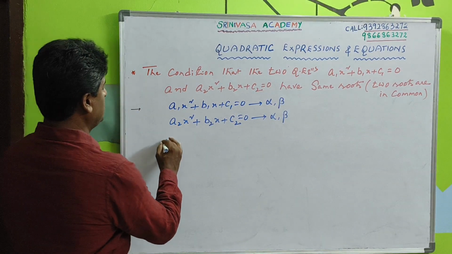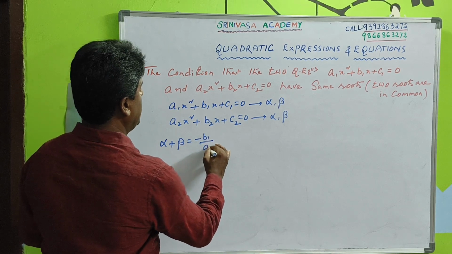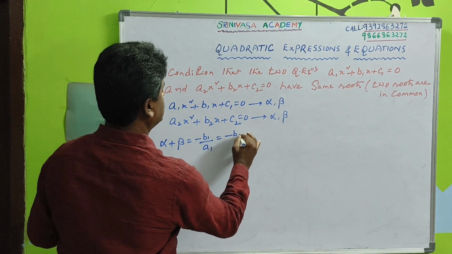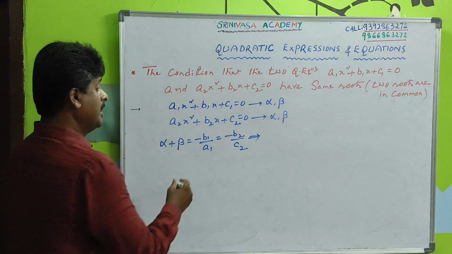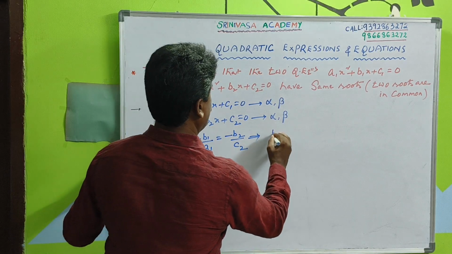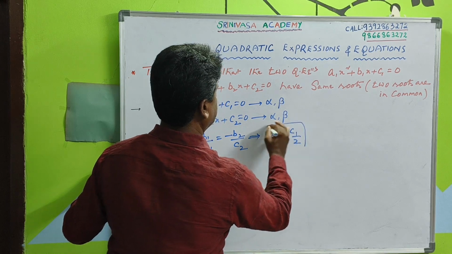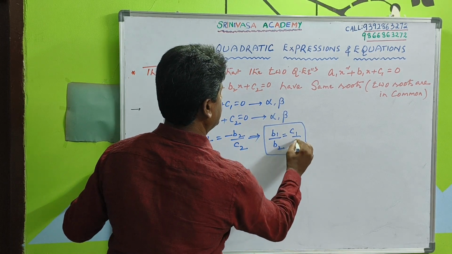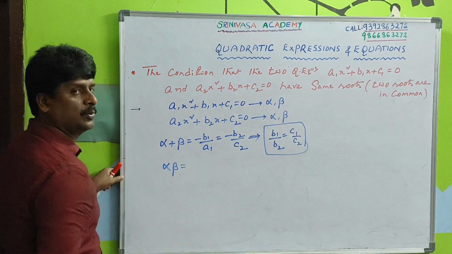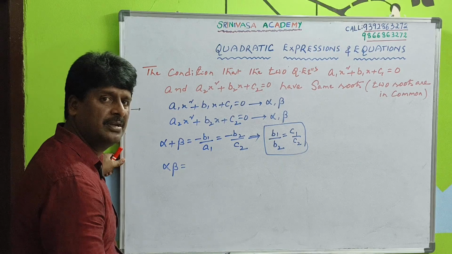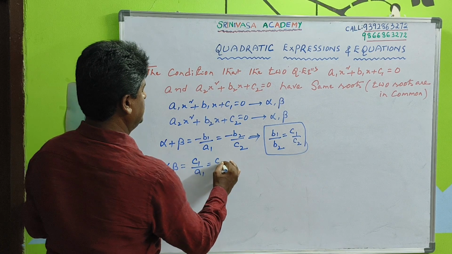See, alpha plus beta becomes sum of the roots for first equation as well as sum of the roots for second equation. This says that minus minus gets cancelled. We can write b1 by a1 is equals to b2 by a2. Alpha beta stands for product of the roots of both the equations, c1 by a1, c2 by a2.